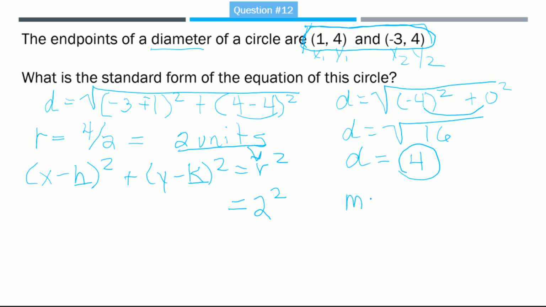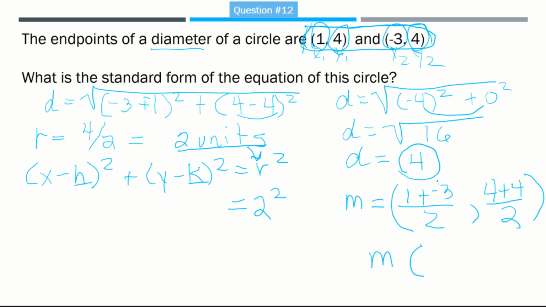So the midpoint formula says to add the x coordinates, 1 and negative 3, divide by 2, add your y coordinates, 4 plus 4, and divide by 2. So the midpoint is going to be negative 3 plus 1 is negative 2, divided by 2 is a negative 1. 4 plus 4 is 8, divided by 2 is 4.